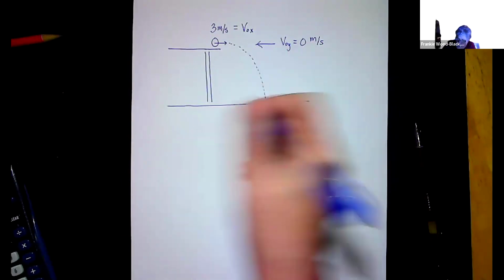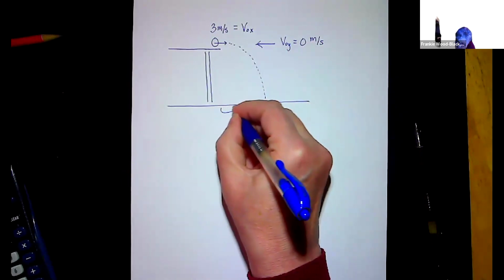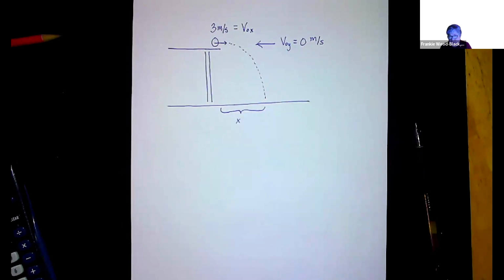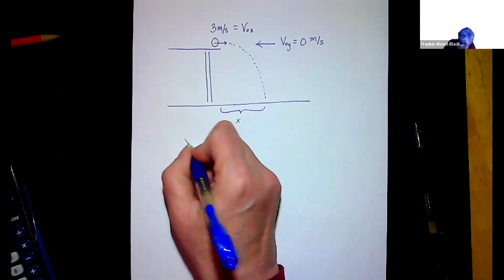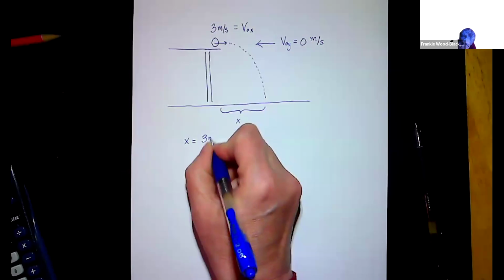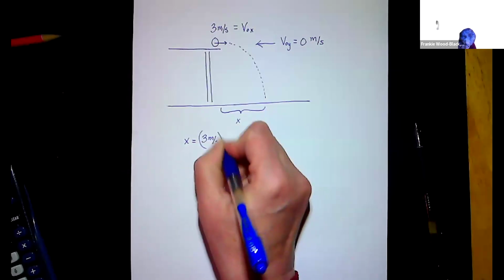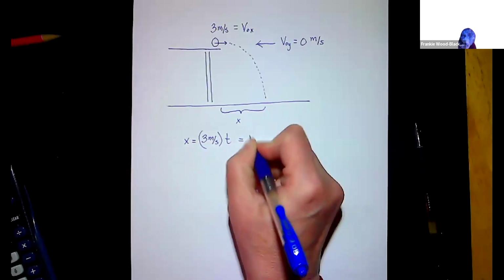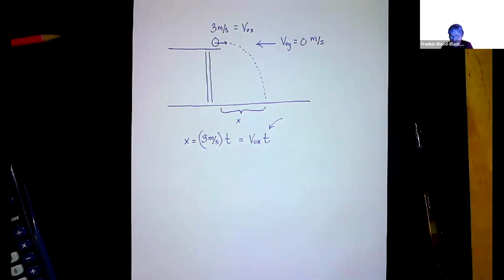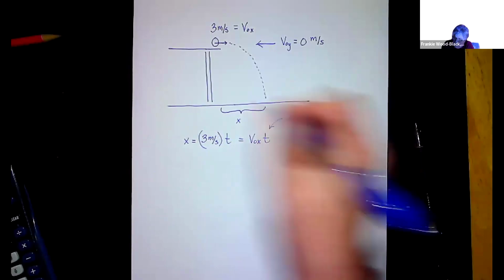So I have an equation. If I'm looking to see how far this falls away from the edge of the table, my distance x is going to equal my 3 meters per second times time, which is my initial velocity in the x direction times time. But right now I don't know time. Question mark.